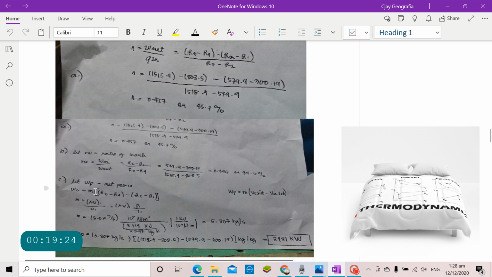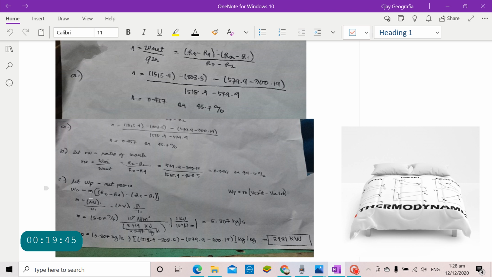First, you need to solve for its mass, so that we can use it in finding the net work, or the power.